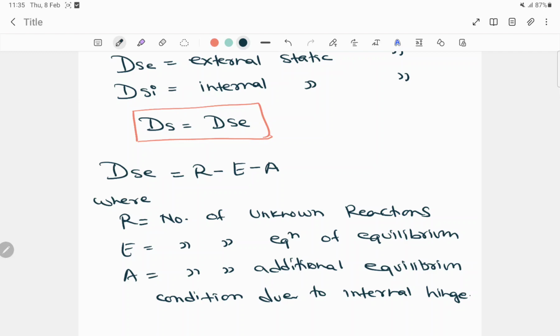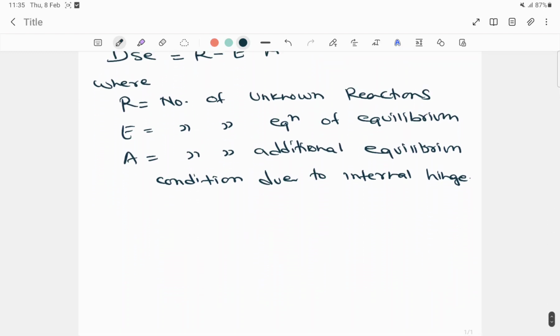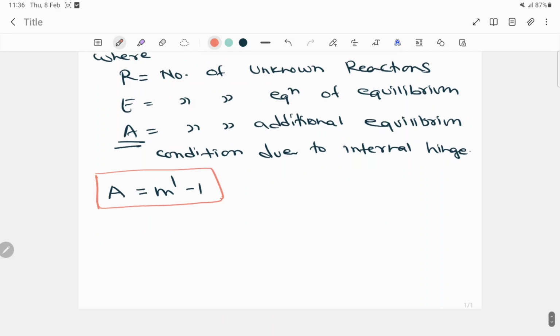Now I'll tell you what this a is. Before that, I'll let you know the formula for finding the a value. So a is m dash minus 1. From this equation we can find the value for a.